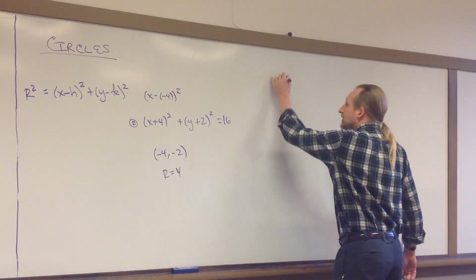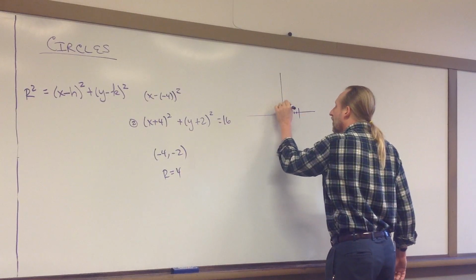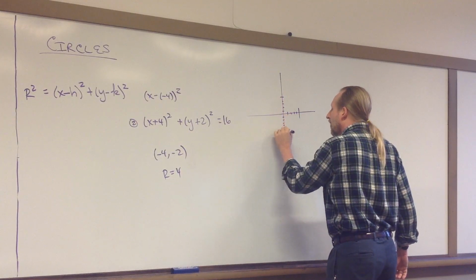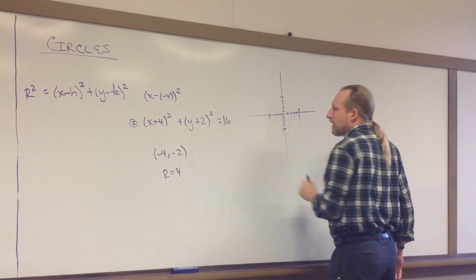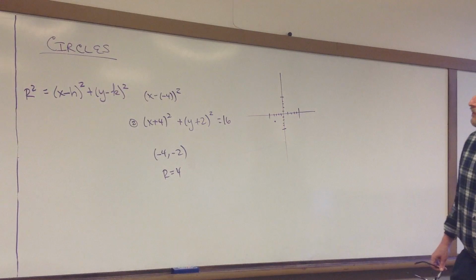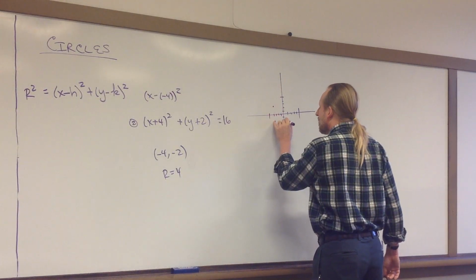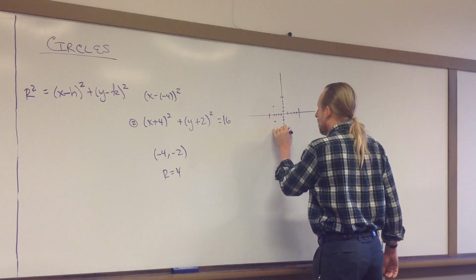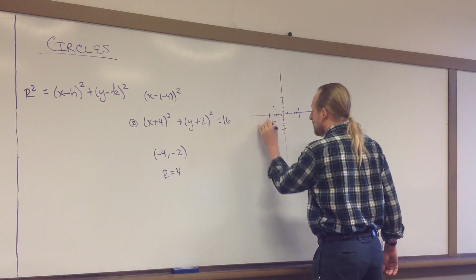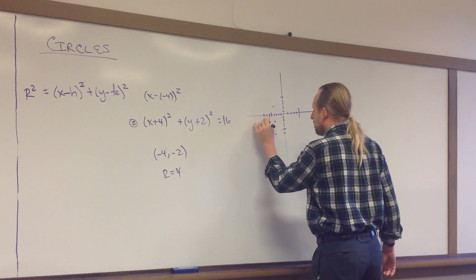Okay, so if we want to sketch a graph here, negative 4, negative 2 is right there. And then we want a radius equal to 4, so that would put it here, here, down here, and then, let's see, 1, 2, 3, 4, yeah, about over there.